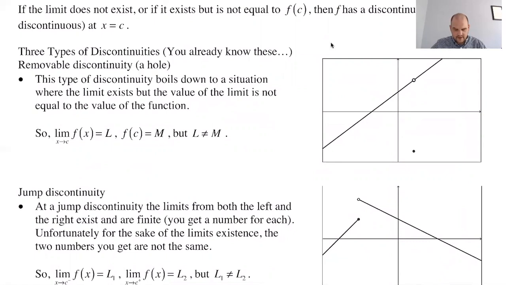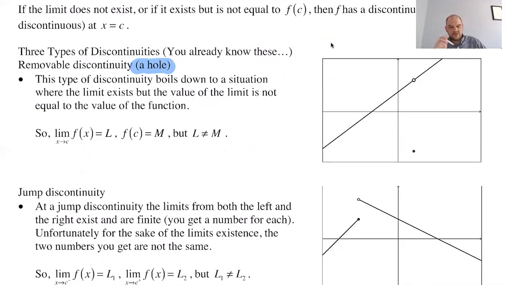Let's use a highlighter. Here it is. A hole is technically called a removable discontinuity because it's a type of discontinuity. A hole, or removable discontinuity, has the following definition.